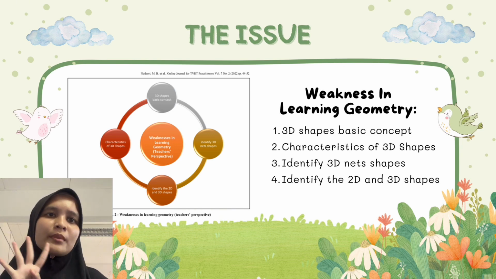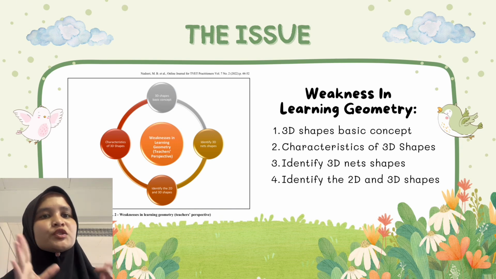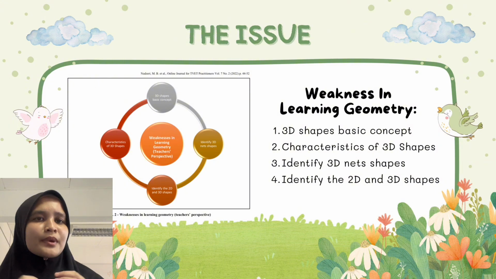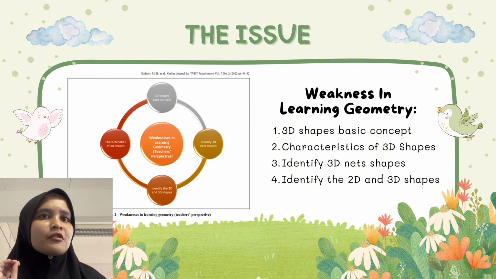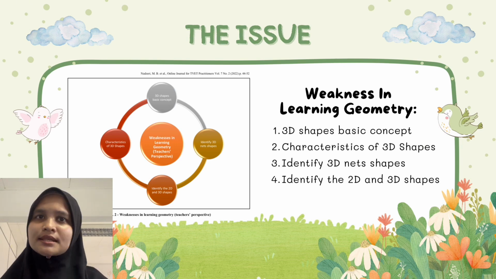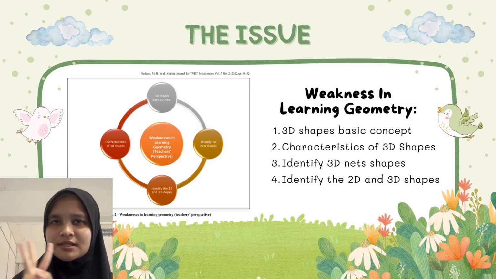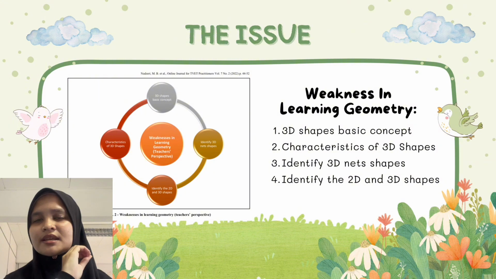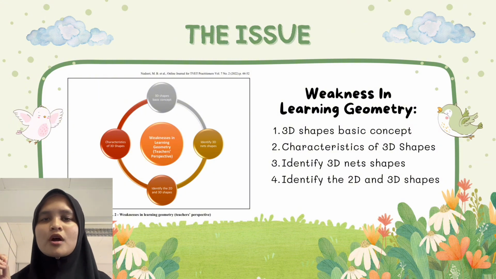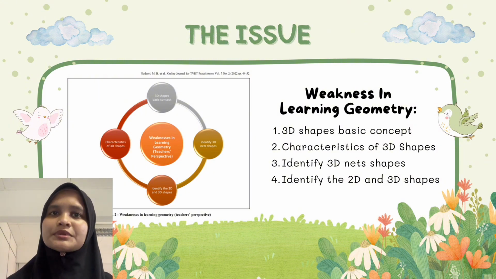The image in the slide is from the article and it shows the weaknesses in learning geometry from teachers' perspective. So there are four main areas. The first one is 3D shapes basic concept. Students struggle to grasp fundamental concept of 3D shapes. The second one is characteristic of 3D shapes. Difficulty in understanding and identifying the properties of 3D shapes.